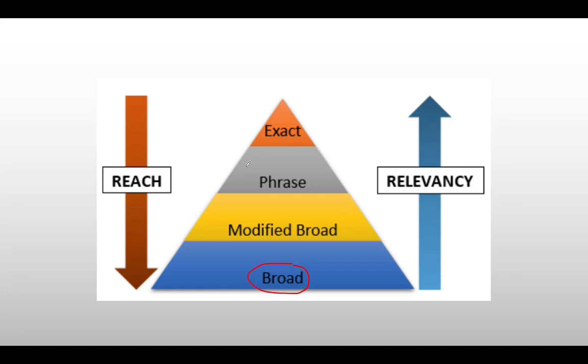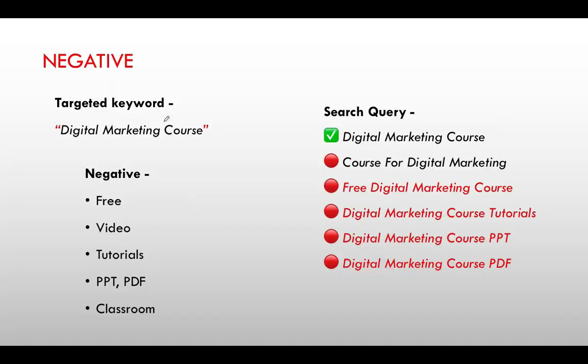In case of exact and phrase match, you will get slightly less reach, but the level of relevancy will be very high. So that is how you can visualize the match types.